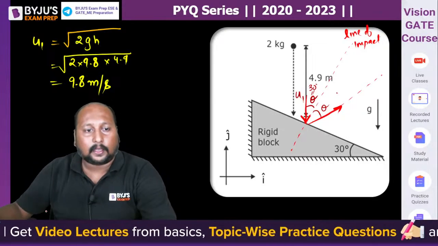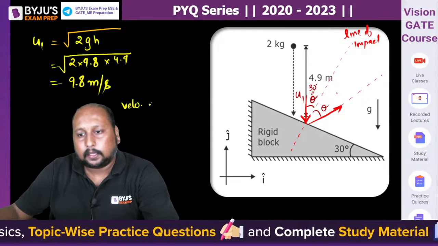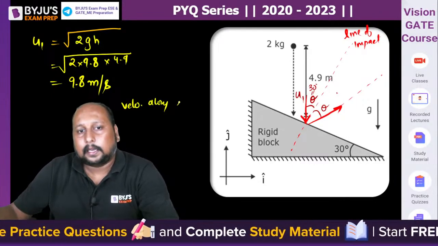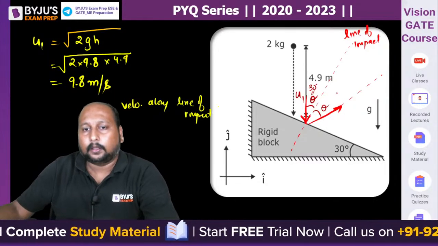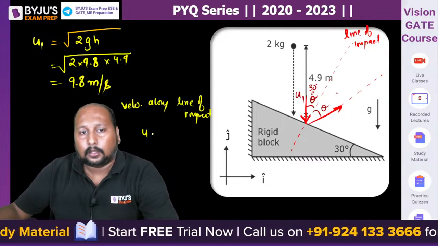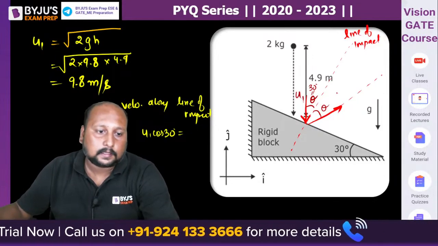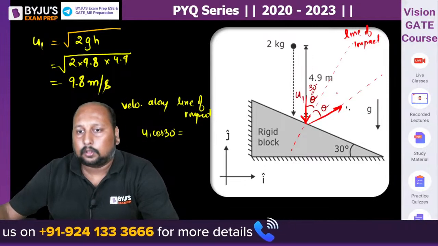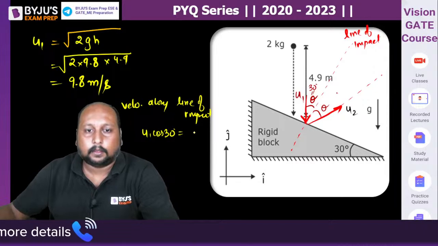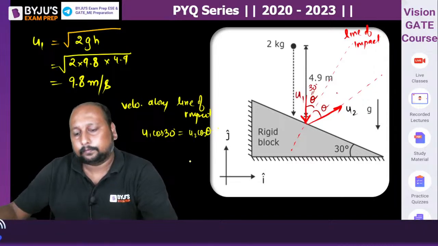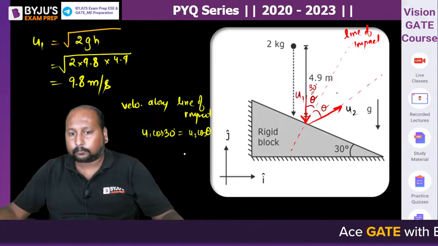one thing we can surely say is that the velocity along the line of impact will be the same. So u1 cos 30 will be equal to u2 cos theta. Okay, fine, right?